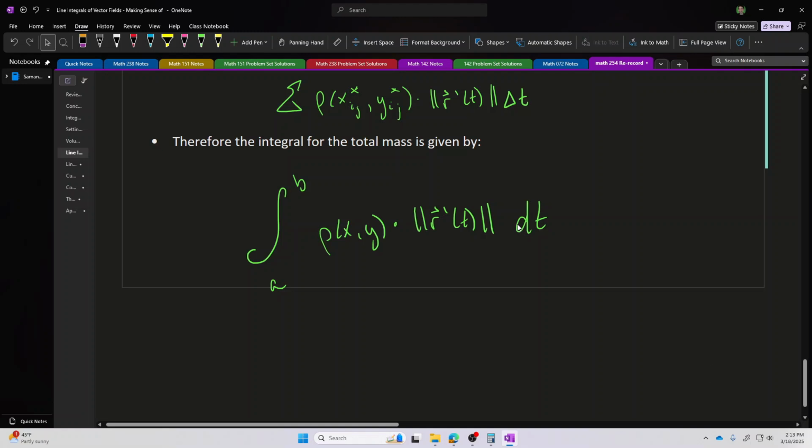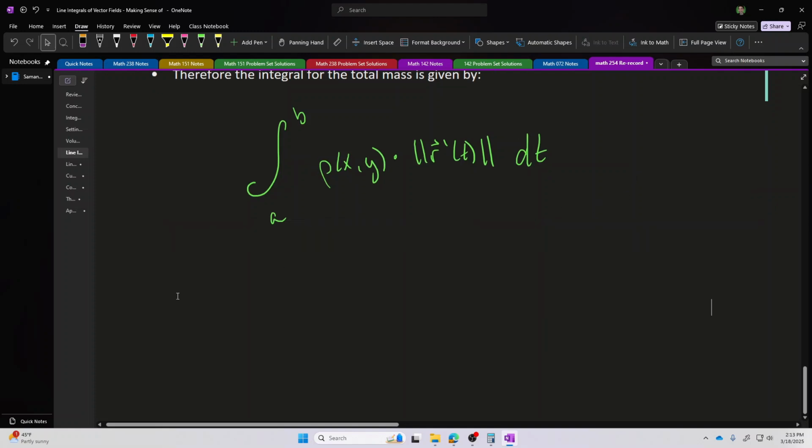And in order to make it possible to calculate an integral, you want as much consistency in the variables that you're using as possible. And so that's where the parameterization comes in. The parameterization gives us a way to replace x and y with the formulas in terms of t instead.